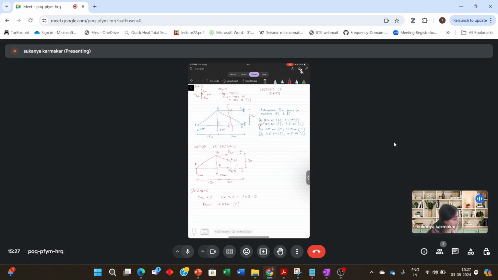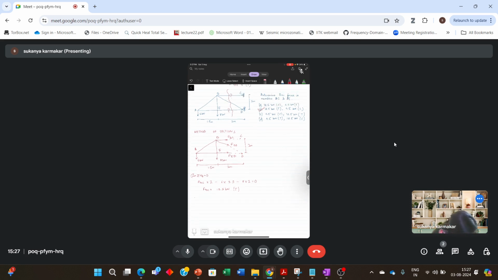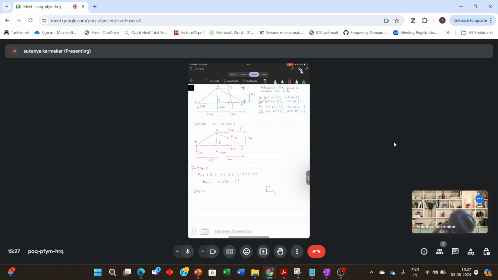You can calculate FBD. So you can do summation of vertical force is equal to 0, and let's take vertical force in the upward direction to be positive.